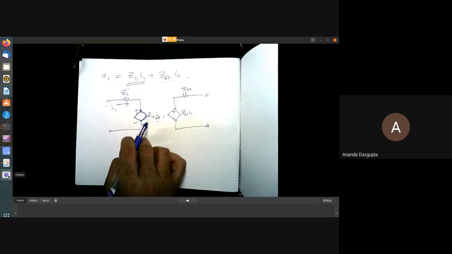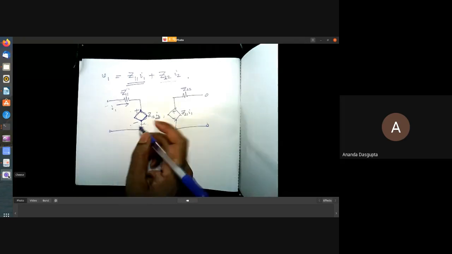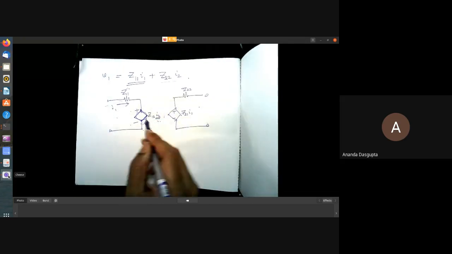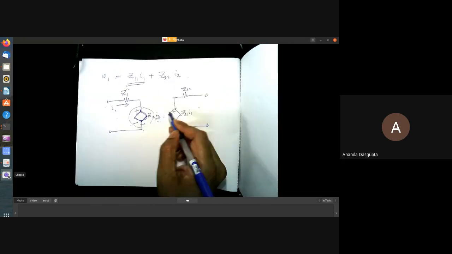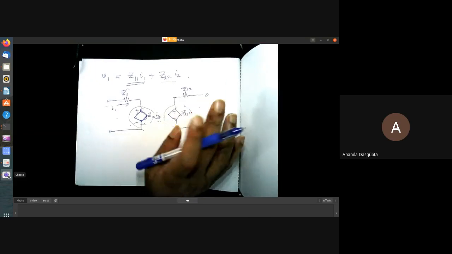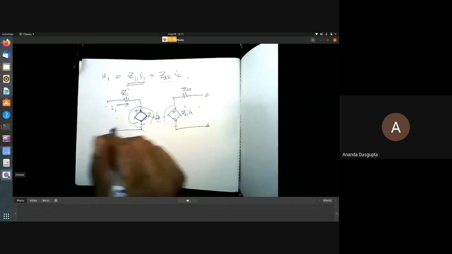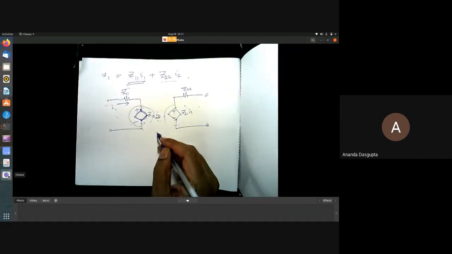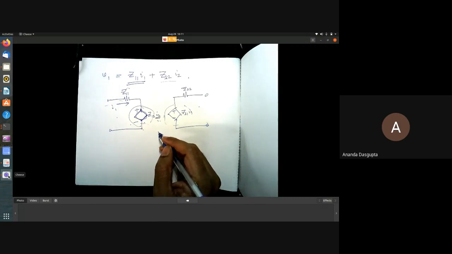Now, if you look at these two equations, how is it that the input is connected to the output? Via the fact that there are control sources. Okay, right? In the real circuit, the input is connected to the output via wires with components and other things, which means that the input and the output affect each other.